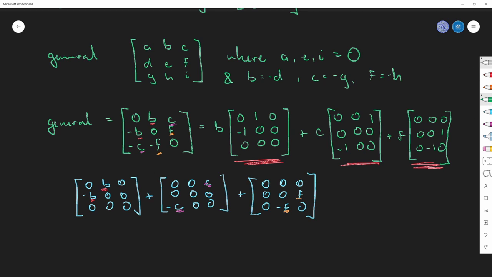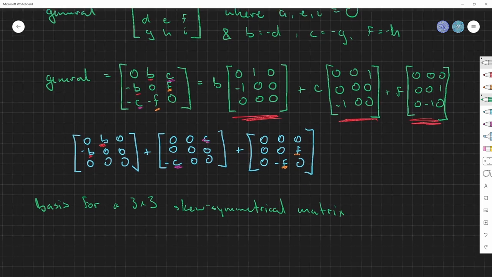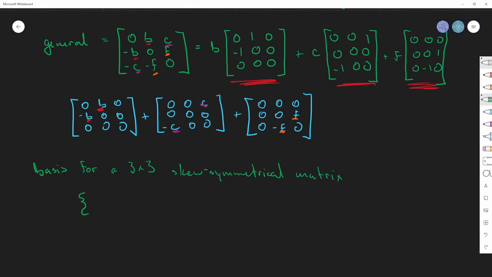So the answer to our question, the basis for a 3x3 skew symmetric matrix, will be equal to 0, negative 1, 0, then 1, 0, 0, 0, 0, 0, and then 0, 0, negative 1, 0, 0, 0, 1, 0, 0, then finally zeros with the 1, and 0, negative 1, 0.